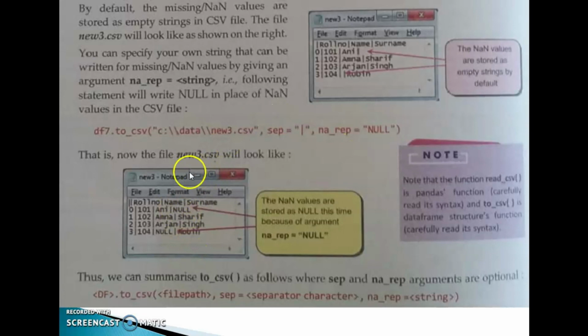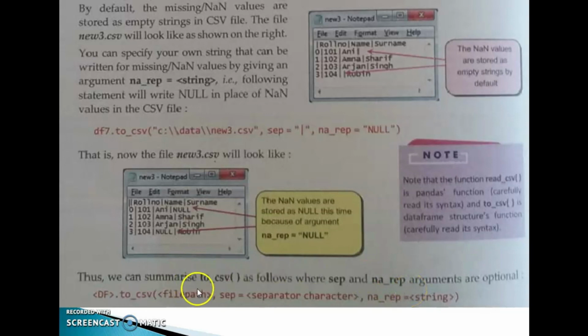After the execution of this statement, we can see the null values. The NaN values are stored as null this time because of the argument na_rep equal to null. Okay, clear?